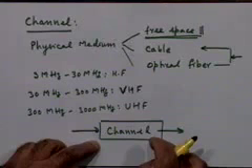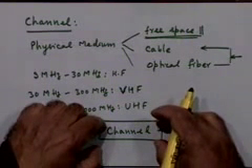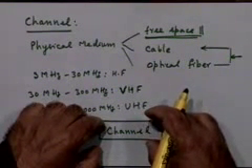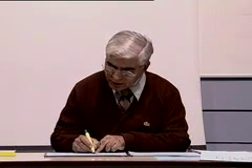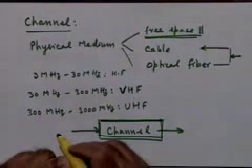For example, when I say characteristic of the channel, I will in this block try to model things like attenuation, the fact that noise gets added, and the fact that the signal may go through some distortion, and so on and so forth. All the good and bad things that might be happening to the signal will be modeled by this block.